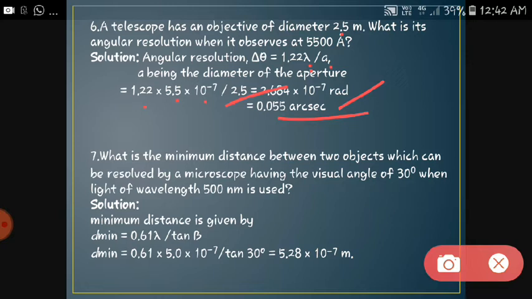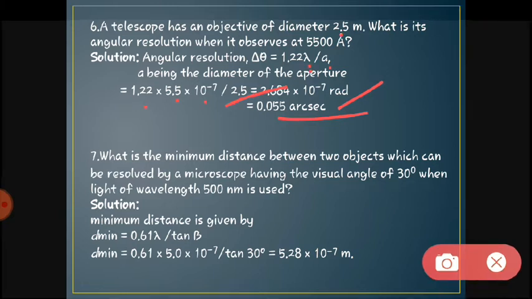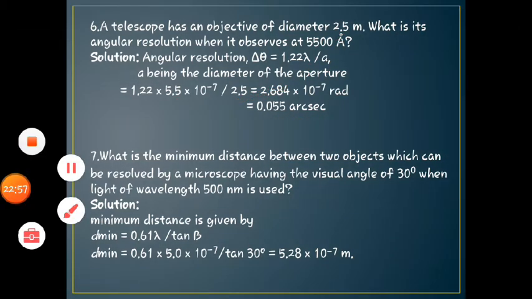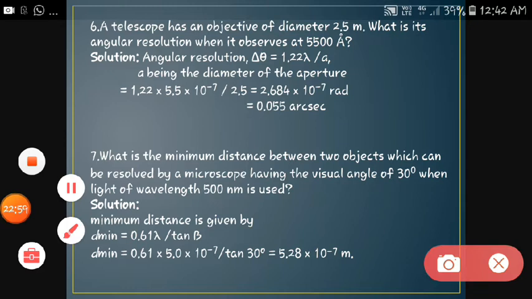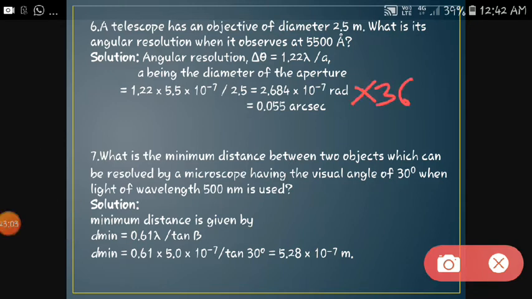But if I don't want the answer in terms of radian, what should I do? I have to convert it into arcsec. The conversion from radian to arcsec is to multiply by 3600 into 180 and divide by pi.